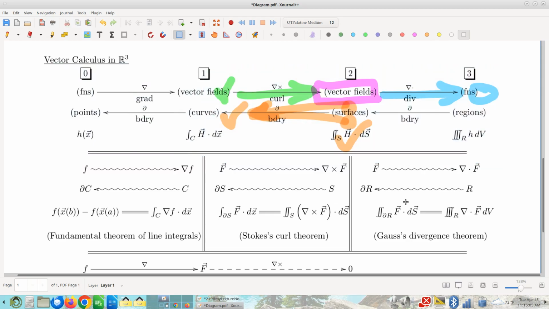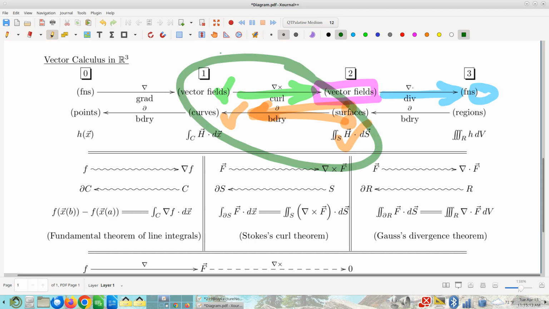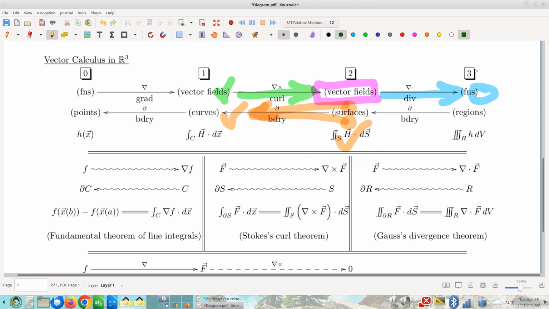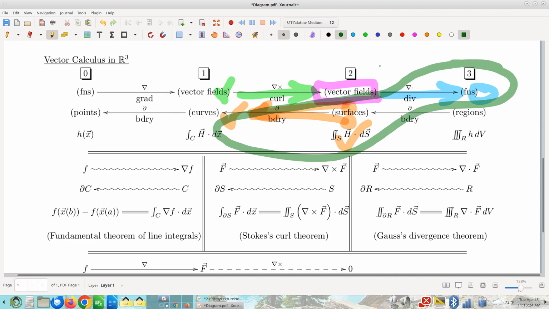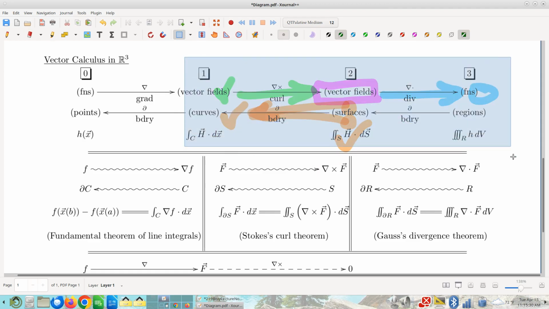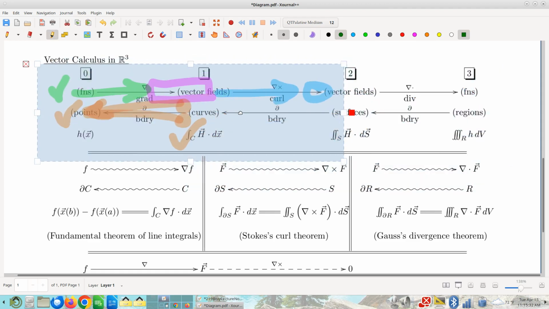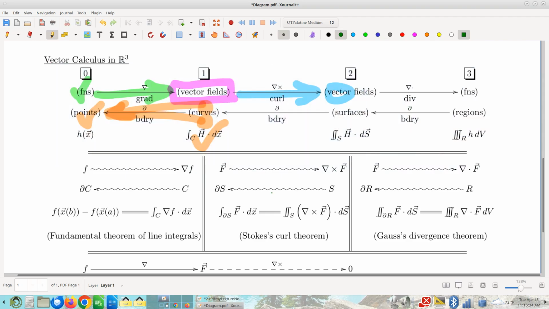In fact, and we're going to see this in a minute, every curl is surface independent, and every vector field whose divergence is 0 is surface independent. The pattern continues to hold.